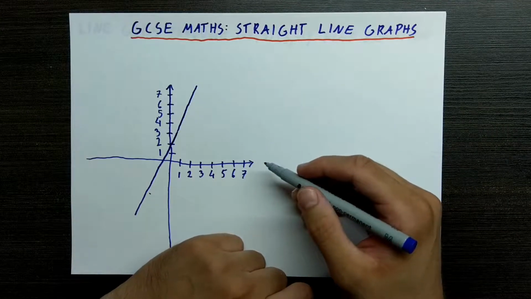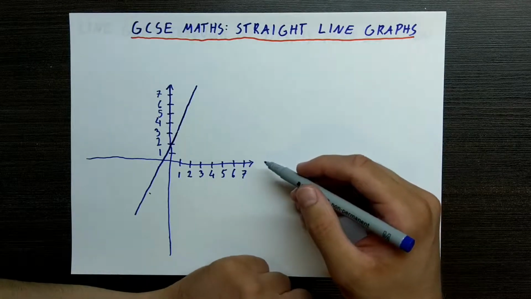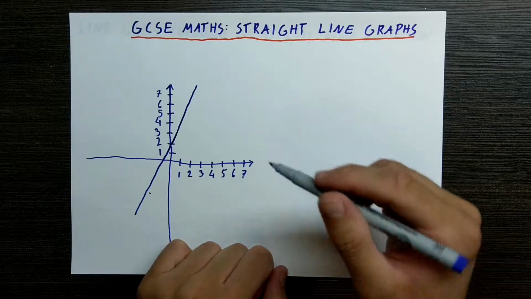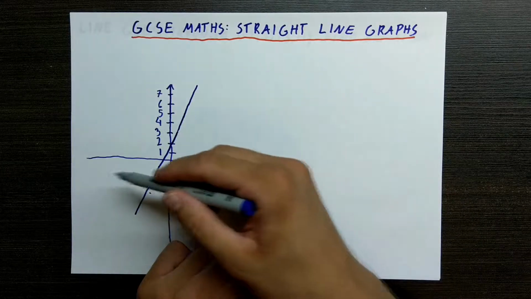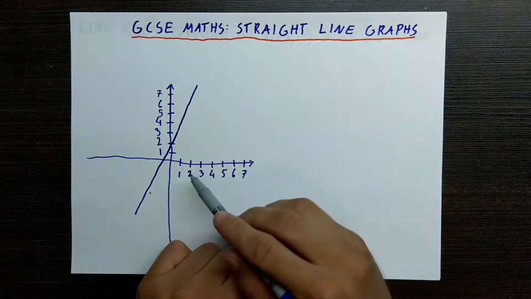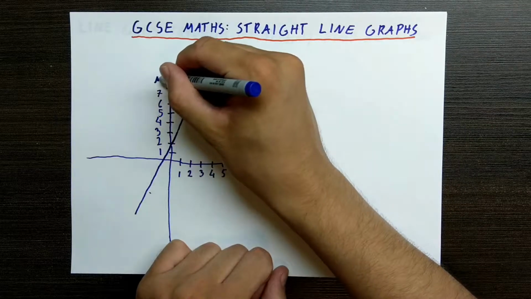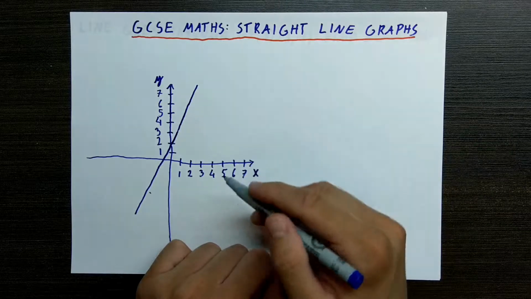Now, first things first, what we need to cover is coordinates. Here we have a graph with an x-axis here and a y-axis here.